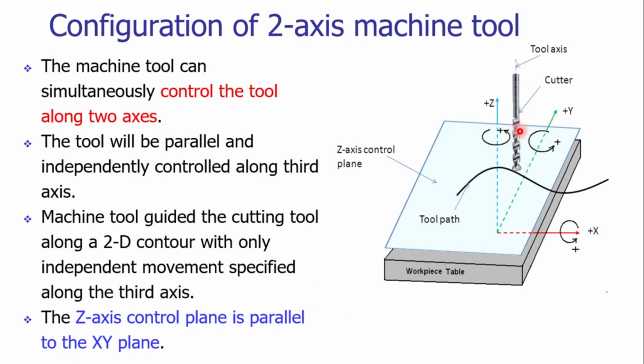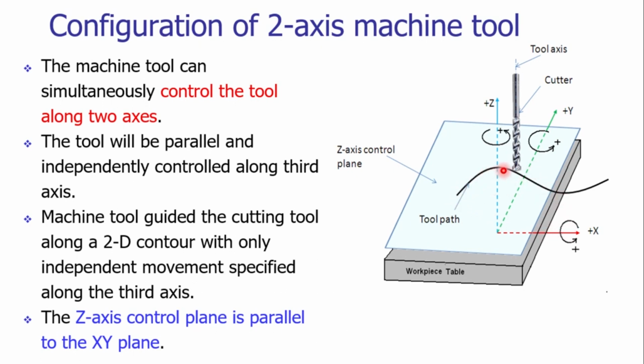The cutting tool will not move. Now we are moving the workpiece with respect to the X and Y direction simultaneously. As we move the table in X and Y direction simultaneously, there would be a relative motion of the cutting tool with respect to the workpiece in the XY plane only.